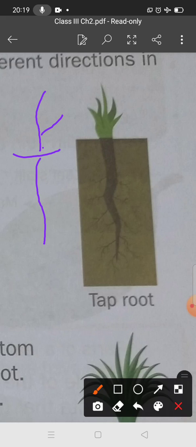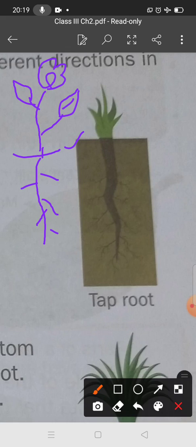Suppose this is the plant. This is the main root. You can see there is a thick main root that grows from the end of the stem, and many small side roots grow from the main root.